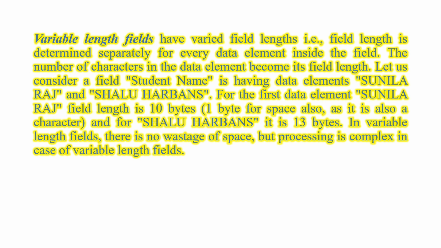For the first data element, Sunila Raj, field length is 10 bytes, 1 byte for the space also, as it is also a character, and for Shalu Harbans it is 13 bytes. In variable length fields, there is no wastage of space, but processing is complex in case of variable length fields.